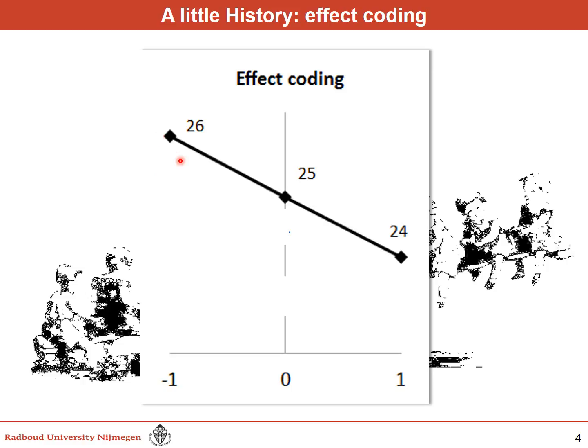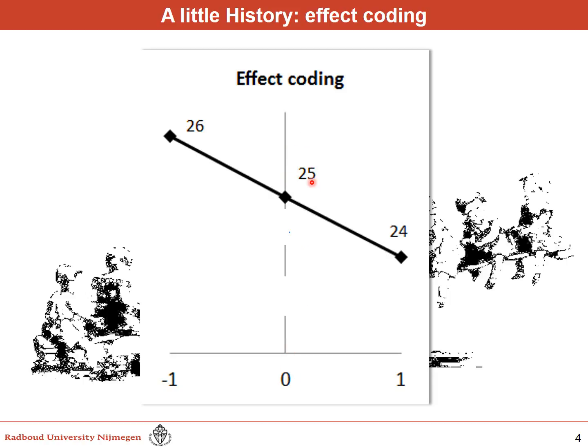They have a body mass index of 26 on average, and we have the highest educated over here with a body mass index on average of 24. As you can see, we have quite different numbers. In the previous slide, this was coded 0 and this was coded 1, but now it changes. We have a -1 for the lowest category.